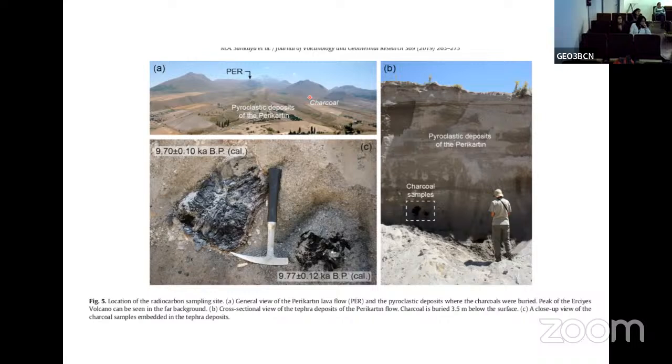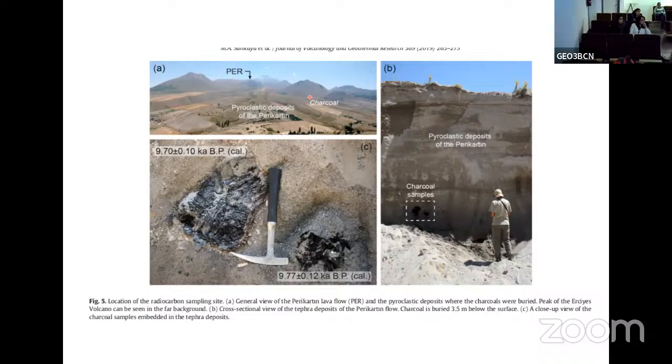This is also a somewhat problematic issue because you date with chlorine-36, but you also have chlorine-36 coming from the magma. So you have to discriminate between the chlorine-36 that is autogenic, coming from the magma, and the one that is produced on the surface.